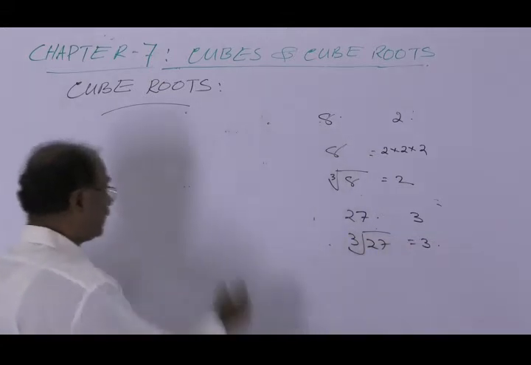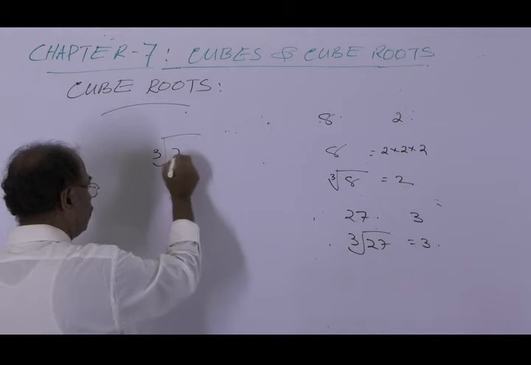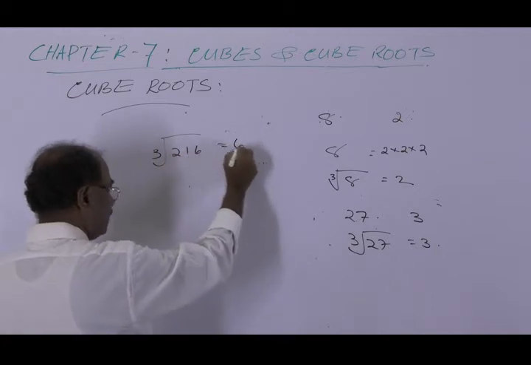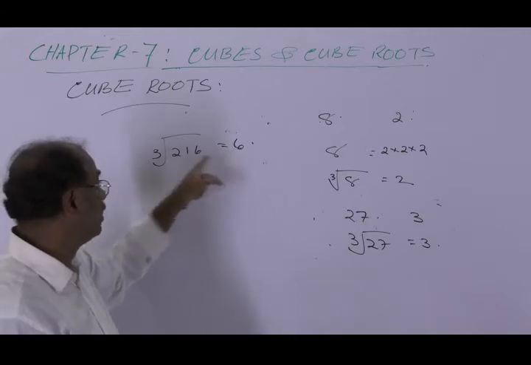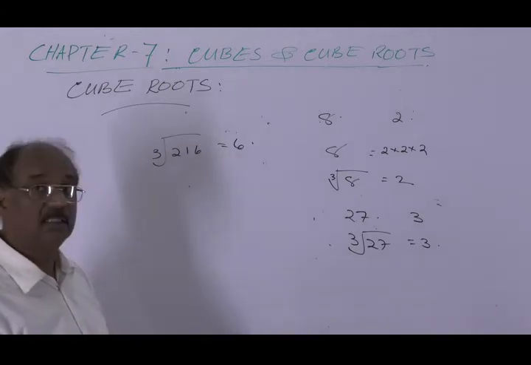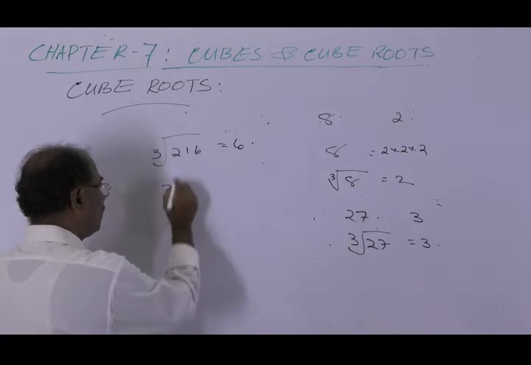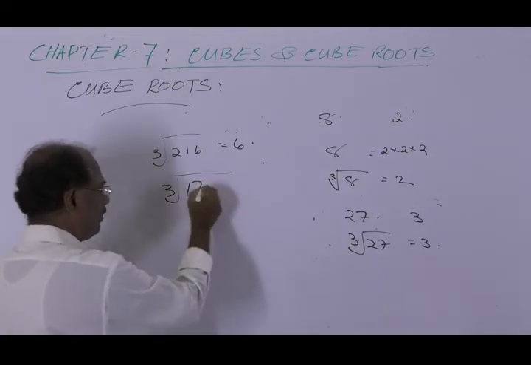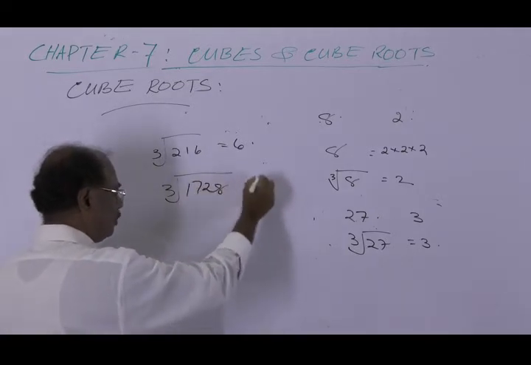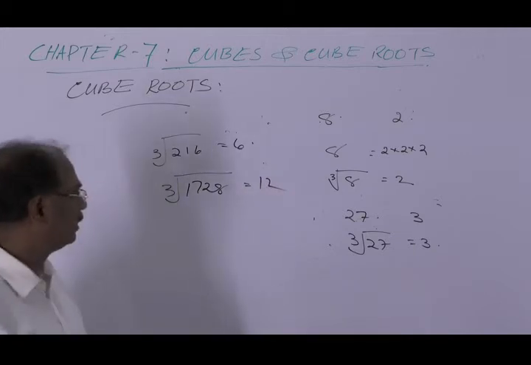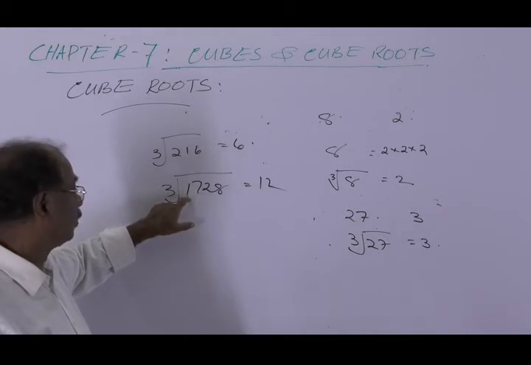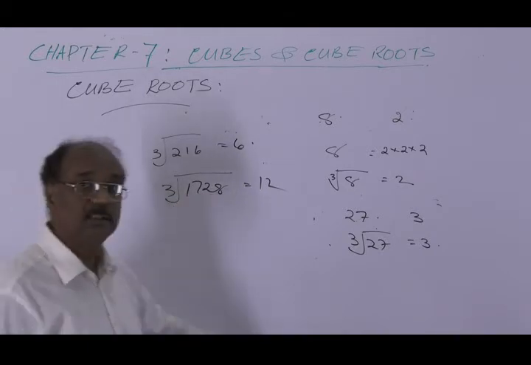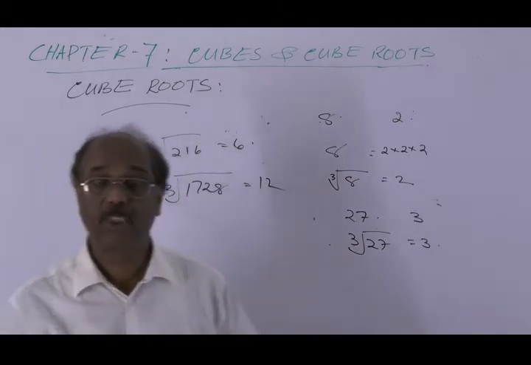In a similar fashion, the cube root of 216 is equal to 6, because 6 multiplied 3 times gives this 216. The cube root of 1728 is equal to 12, because 12 multiplied 3 times gives 1728.